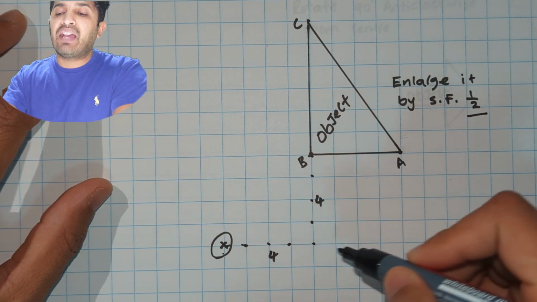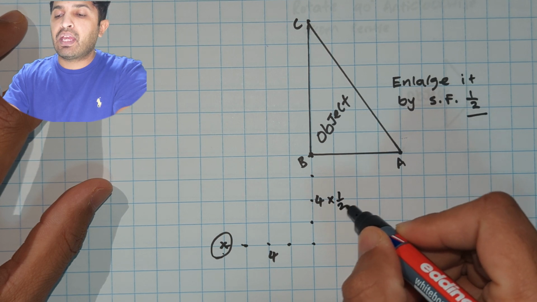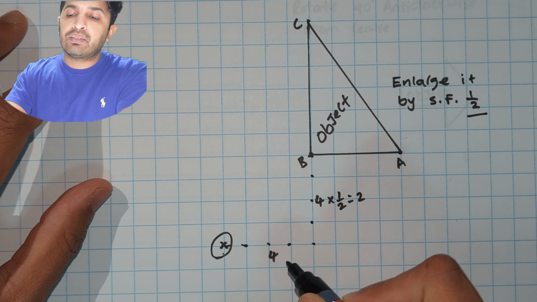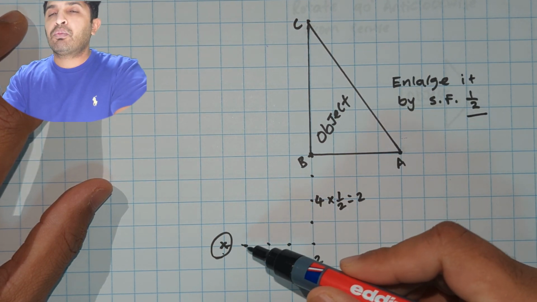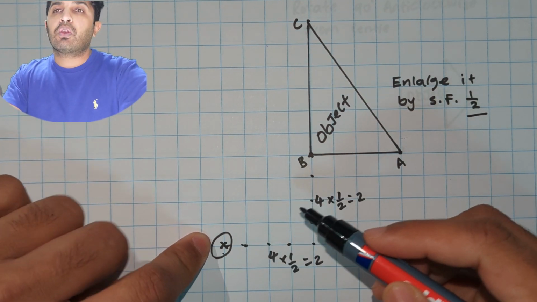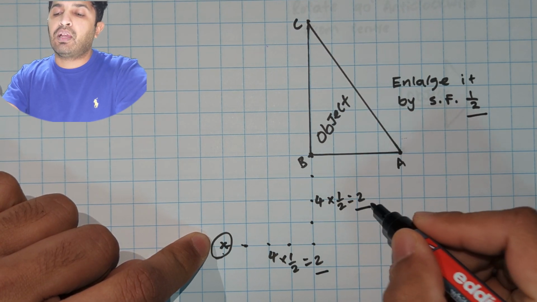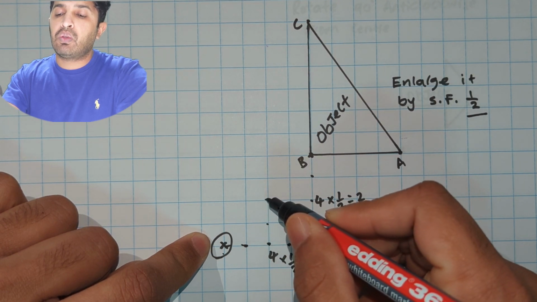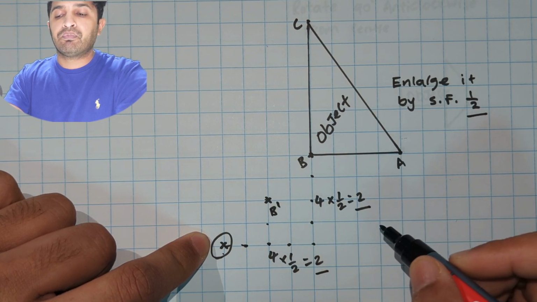That means we need to half the distance from the center to the point B. We multiply this distance by half and we get 2. So instead of going from the center 4 across and 4 up, we're going to go 2 to the right and 2 up. So we're going 1 and 2 right and 1 and 2 up. What we get here is our B prime.